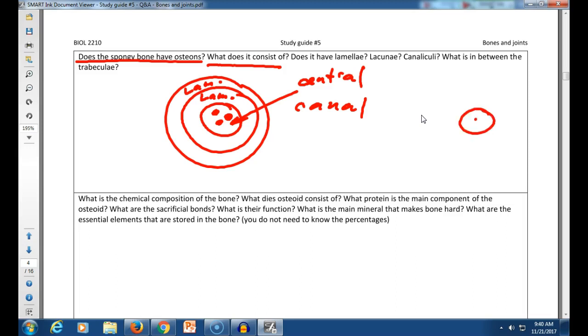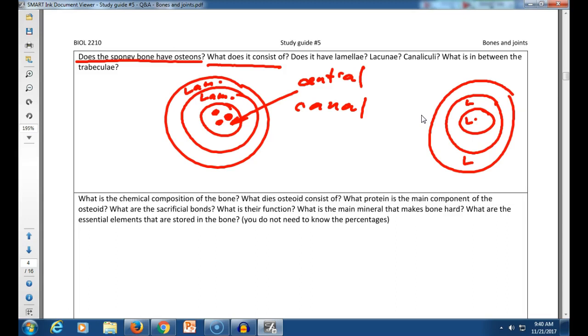This is spongy bone. So this is lamellae, this is lamellae, this is lamellae. There is no central canal. So they still form those concentric structures, but compact bone consists of multiple concentric structures, like osteons in a compact bone.